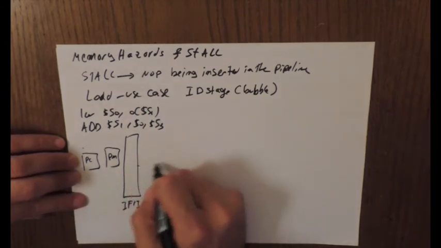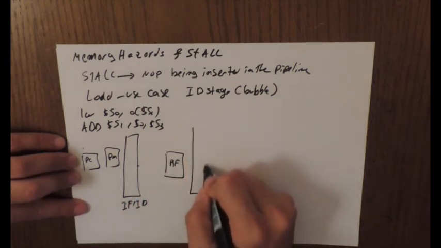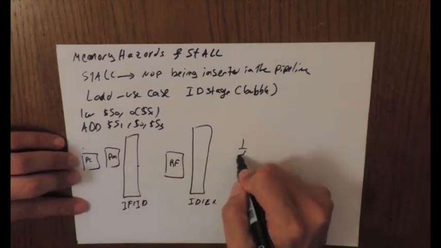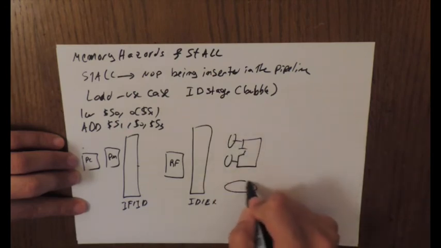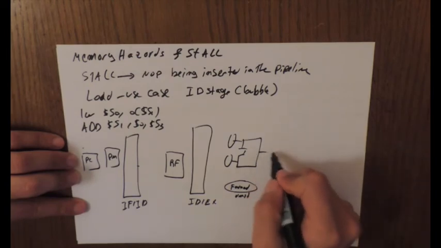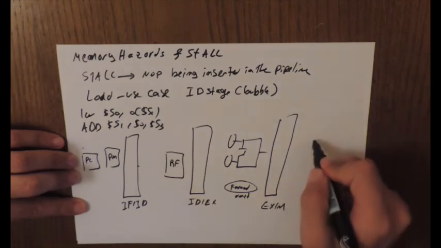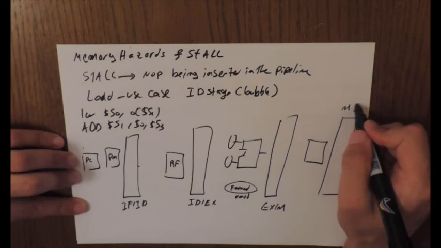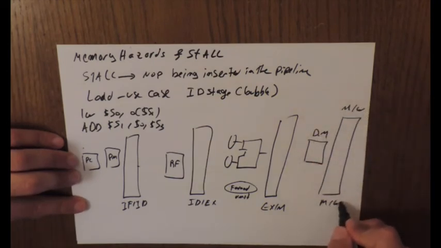I have the decode stage, I have the register file here, and then this is ID over EX. Then I have the ALU with the forwarding unit. Then this is EX over memory. And then I have memory over write back, and this is the data memory. Okay, this is memory over write back.